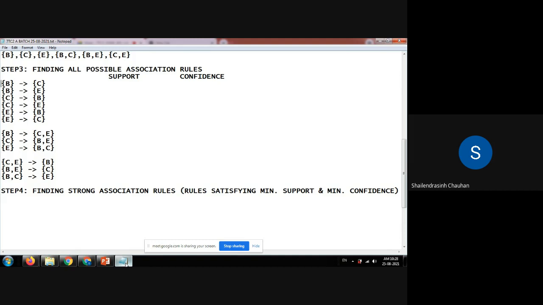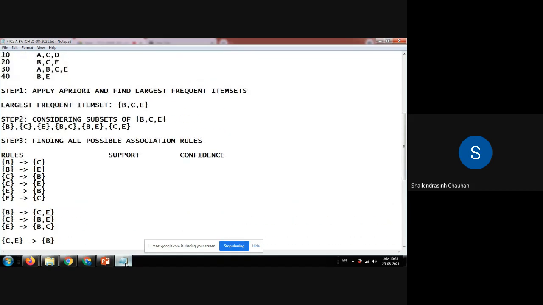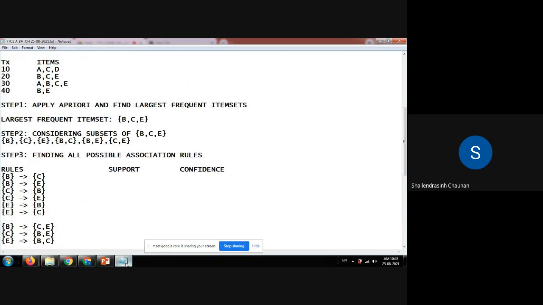So first of all, you need to find out support and confidence for all the rules. How can you find out the support and confidence for rules? You need to use this table.